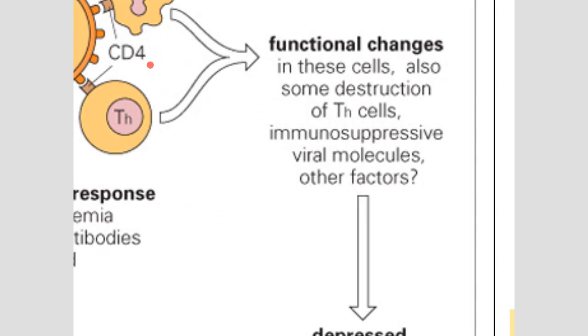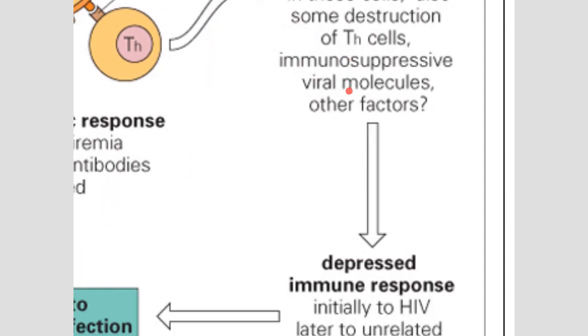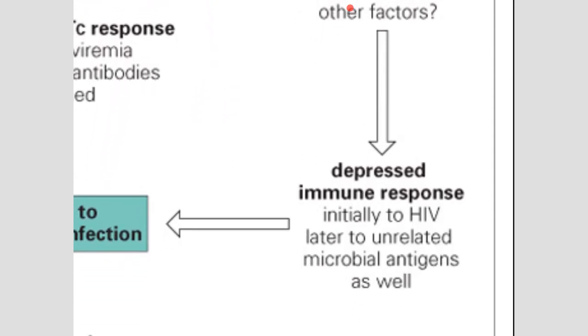Again, a typical immune response. And by the end of the day, that immune response will depress the immune response to HIV. And the reason is because HIV wants to do the damage in the presence of immunosuppression because it's acquired immunodeficiency syndrome virus.